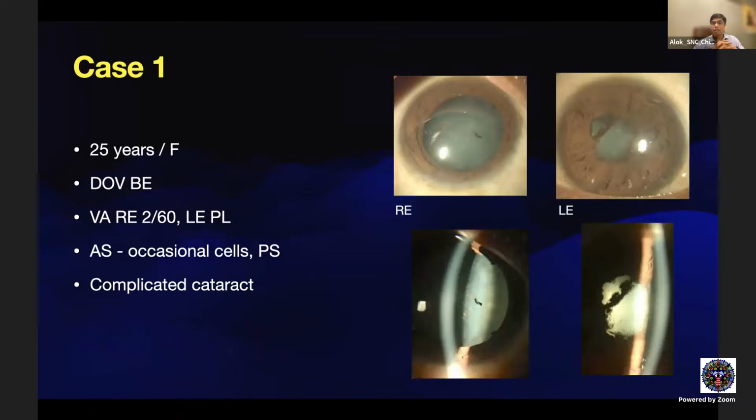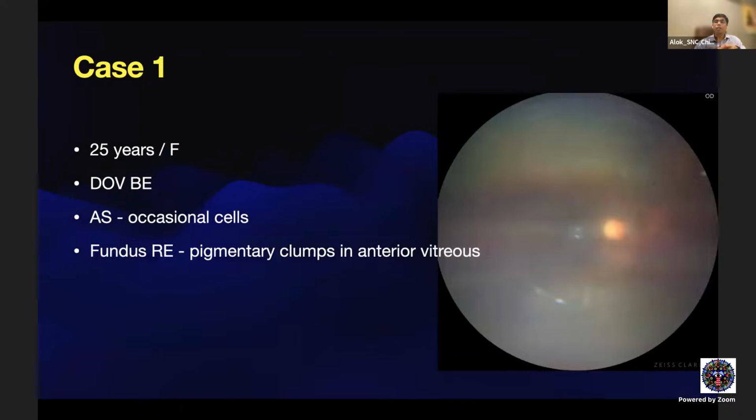There were occasional cells in the anterior chamber, and both eyes had dense PSC with cortical cataract. The cataract was denser in the left eye, and the fundus in the right eye was very hazy.